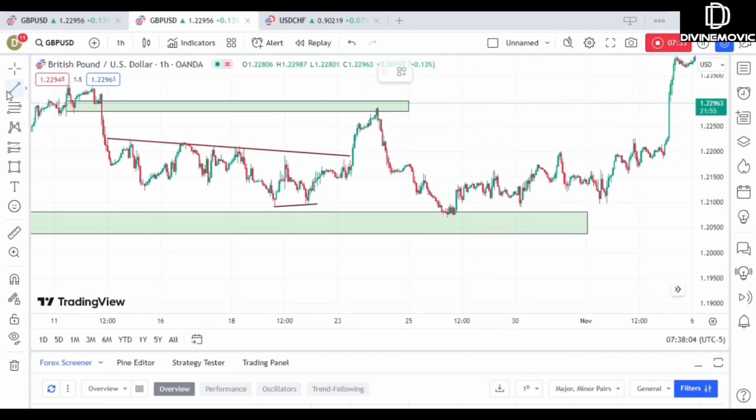Now where is the change of character? Remember, every change of character on the smaller time frame is often referred to as an inner or internal change of character. So what I saw here was this.